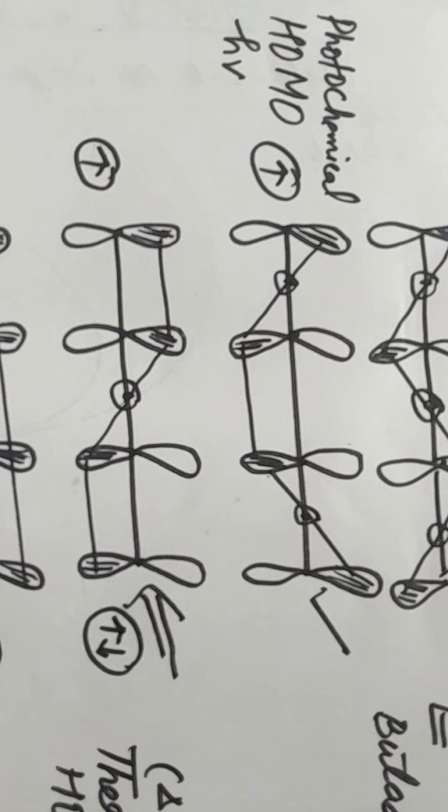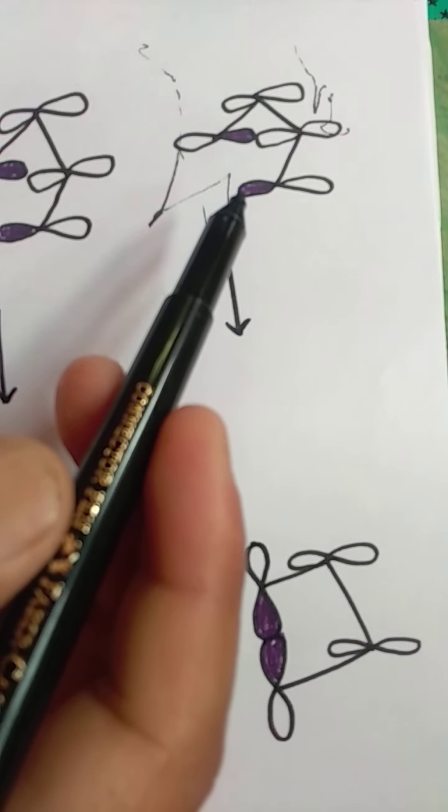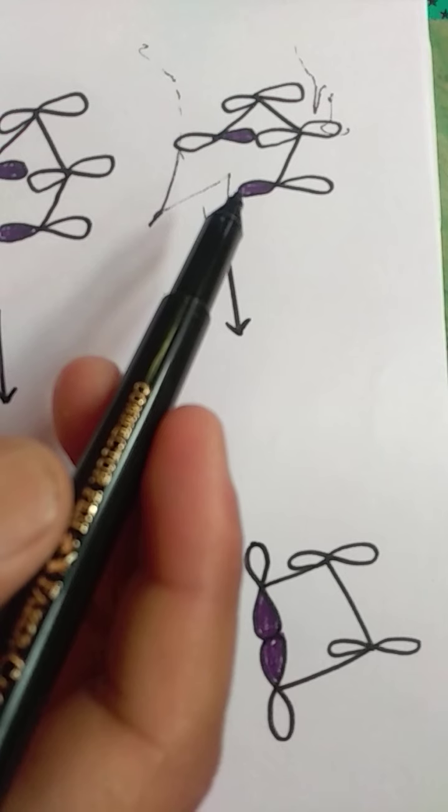If you don't know how to draw HOMO and LUMO for butadiene or hexatriene, etc., you can watch my video on HOMO and LUMO. To discuss all these, we take the HOMO of butadiene, right?